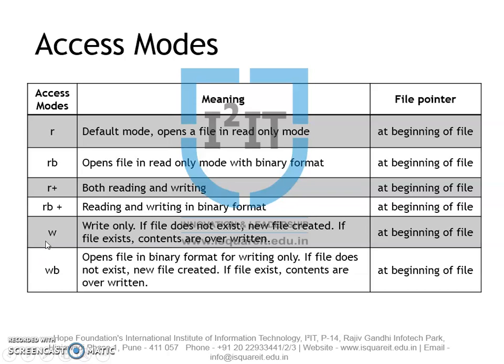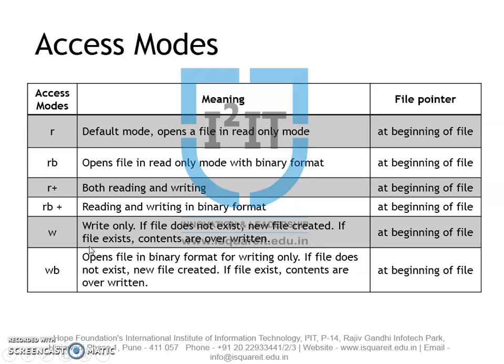If access mode is written as w, then it is for write only operation. That is, if we have written this access mode as w, then we can only write the contents in a file. If that file does not exist, for example, the file that we have specified the name, if that file does not exist, then it will be automatically created, and then the contents will be written in the file.